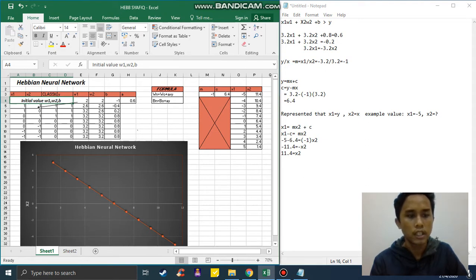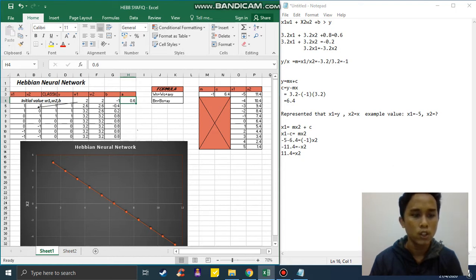I will present a as 1, b as 0. So we have y, w1, w2, b and alpha. For the alpha, I set the value as 0.6. For the initial values of w1, w2 and b, I set 2, 2 and -1.